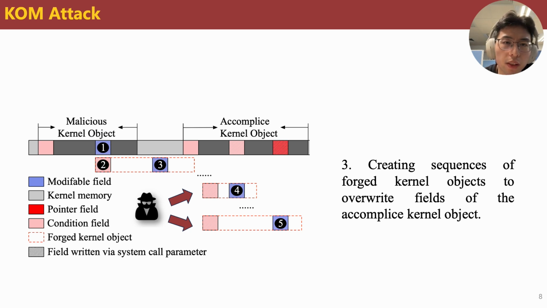This process allows us to create multiple forged kernel objects of different types from the initial object. These new forged objects can in turn be used to create additional forged objects, and this process can be recursively repeated. By generating multiple sequences of forged kernel objects, we can target the pointer and other condition fields in the accomplice kernel object.